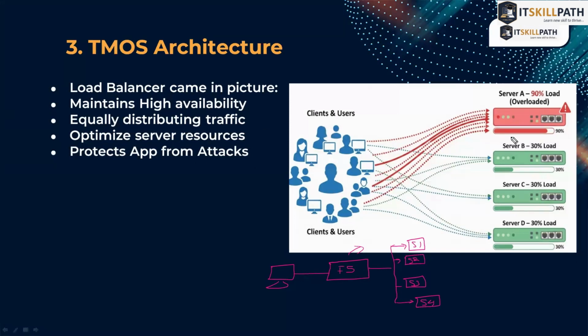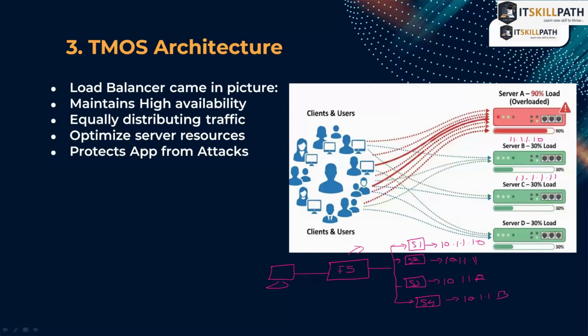Earlier, what was happening? We were exposing our backend servers directly, for example 11.1.1.10. We are exposing our identity to the internet, and that is critical. Now, what will we do? I'll add private IPs here. Let's suppose 10.1.1.10, 10.1.1.11, 10.1.1.12, 10.1.1.13.